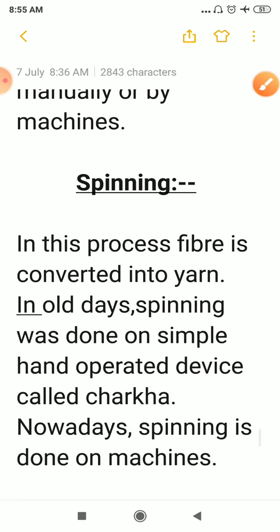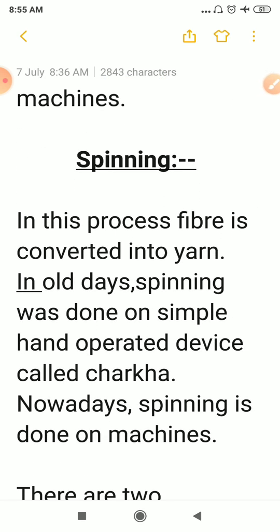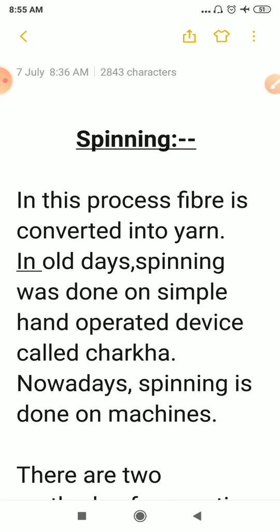The next process after ginning is spinning. What is spinning? In this process, these cotton fibers are converted into yarn, and for converting fiber into yarn, we use different types of devices. One hand operated device is the charkha. You are quite familiar with the charkha.